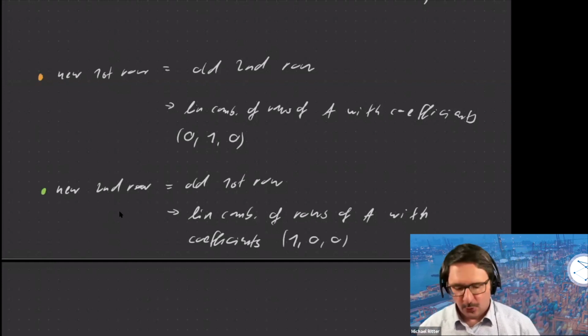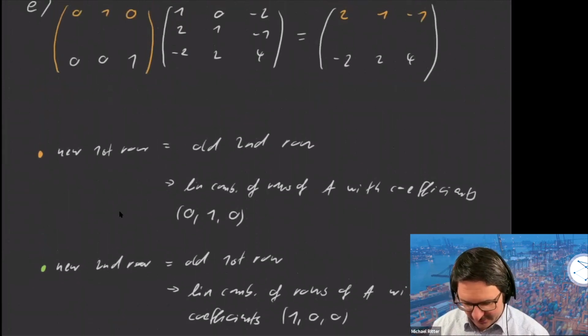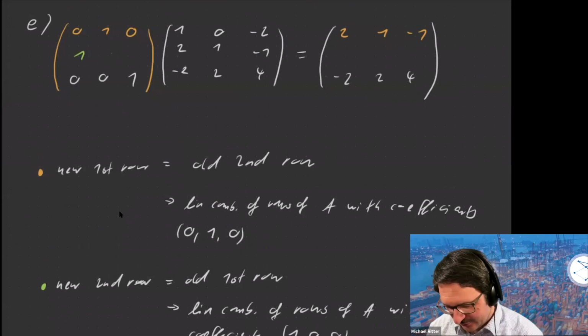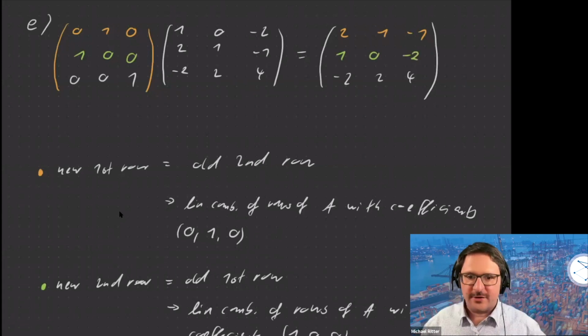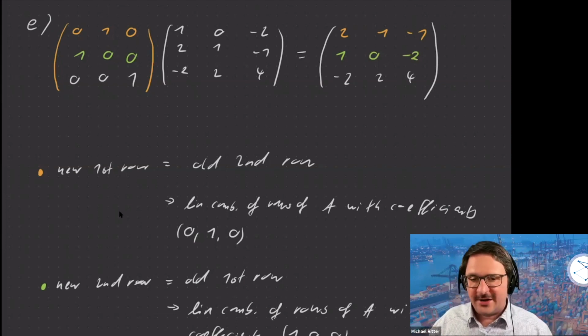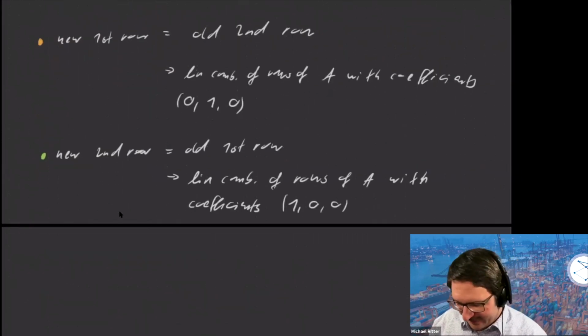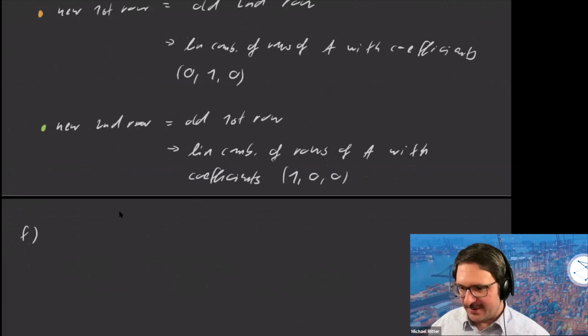So the coefficients are 1, 0, 0. So we just need to use those 1, 0, 0. And then we get exactly the old first row into the new second row, right? So again, we just need to come up with the right linear combinations, in this case of the rows, and it all works nicely. And F is almost the same thing.